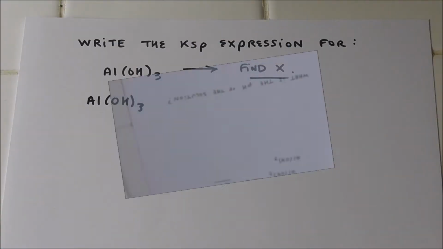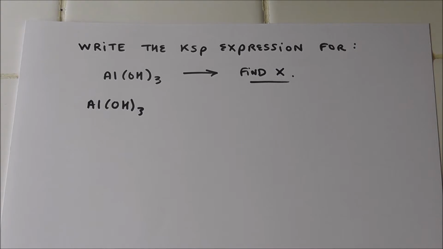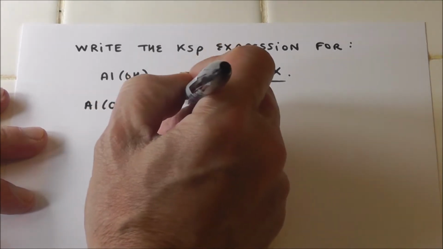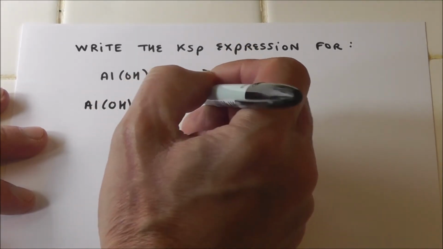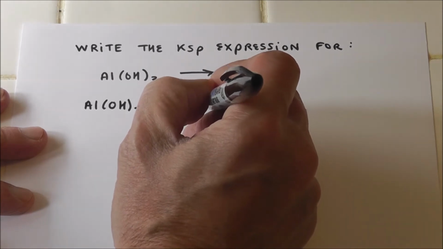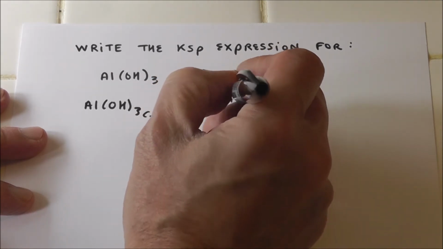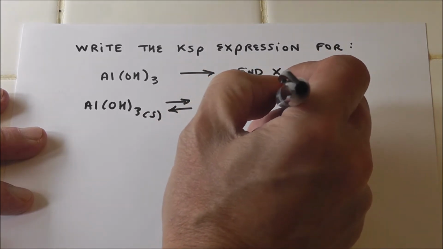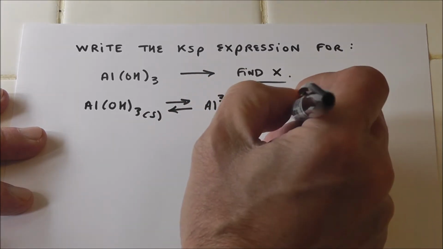Hold on. I'm back. Anyhow, we're going to write how this falls apart in water, which is that the solid goes double arrows. This is partially soluble. Makes aluminum 3 plus and 3 OH minus.